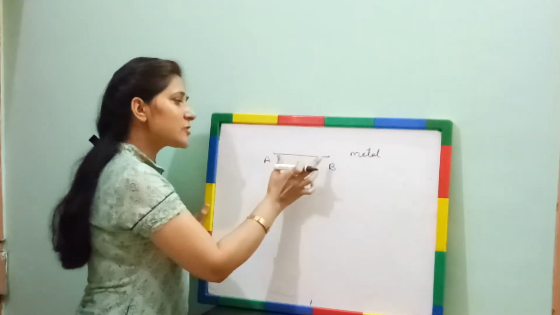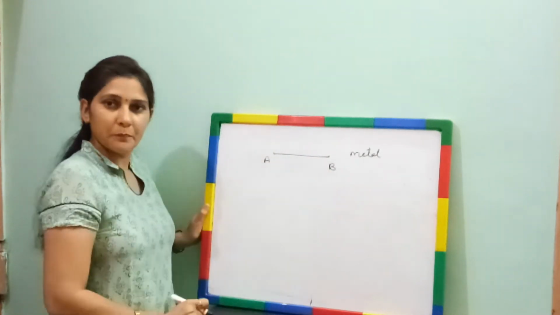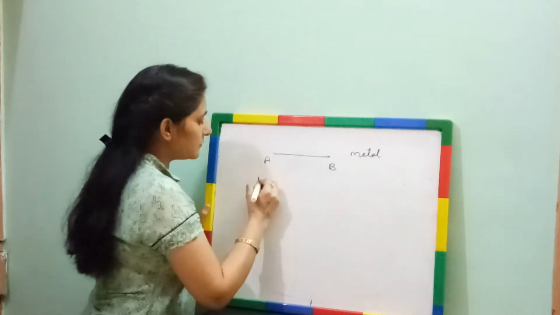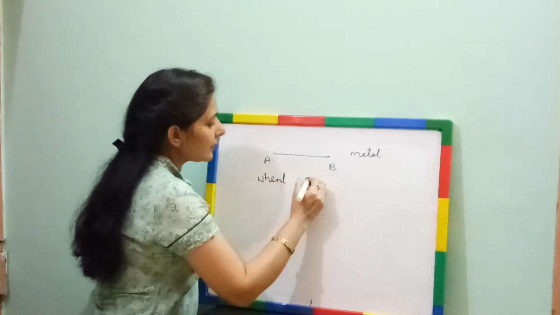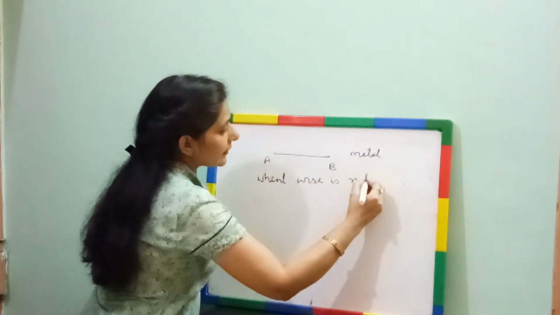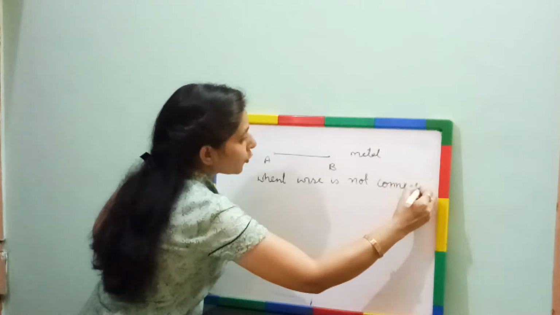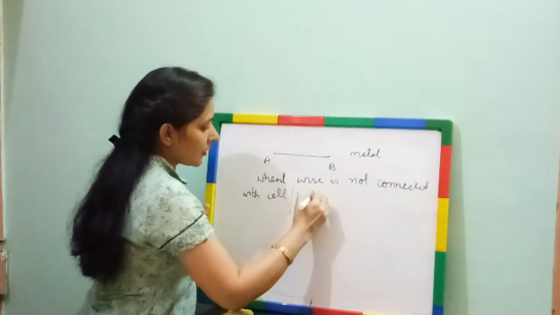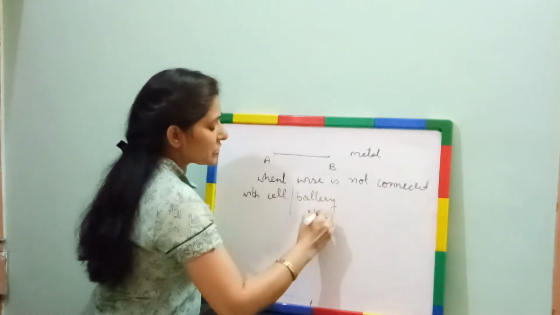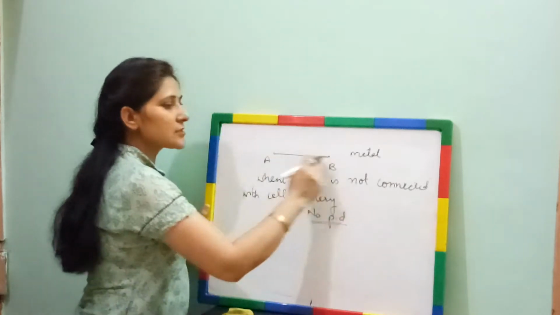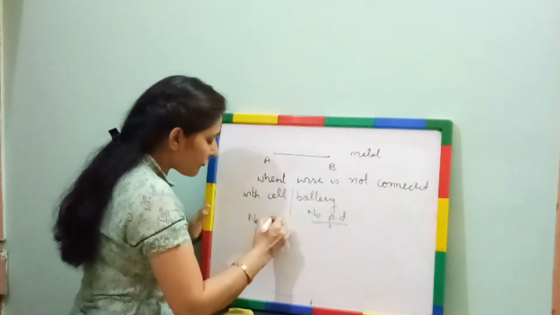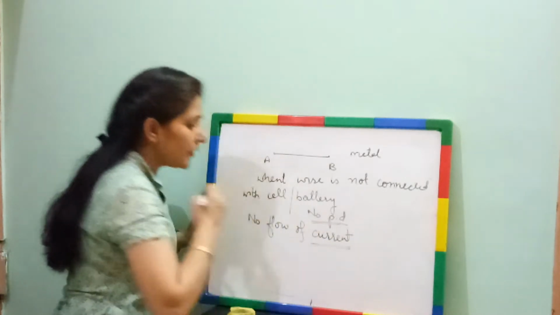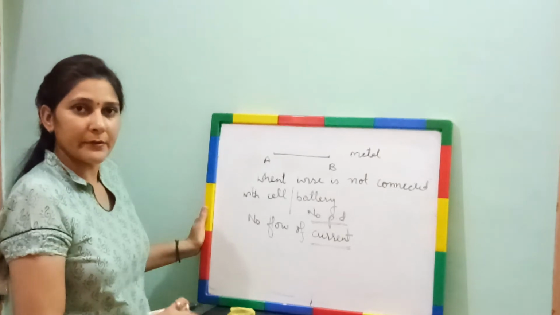Until and unless this wire is connected with a battery or cell, there is no potential difference maintained at its ends. When the wire is not connected with a cell or battery, what will happen? No potential difference is maintained, means no flow of current, no flow of charge. If charge will not flow, that means no flow of current.